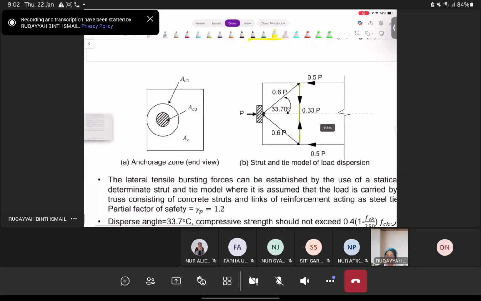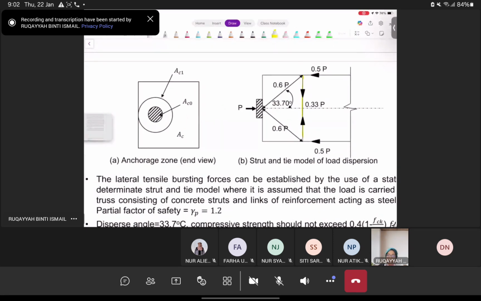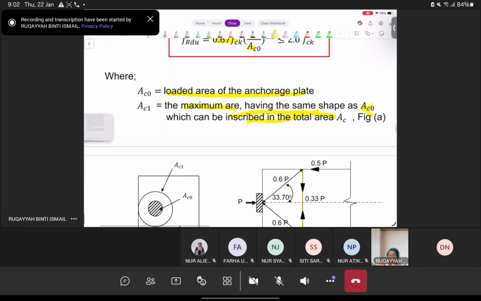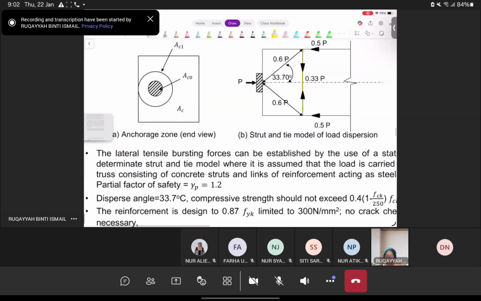So it's actually represented like this. All right. So you have Ac0, which, if you look into the definition, is the loaded area of the anchorage. So that is that particular plate. In this case, the anchorage is a circle, right? It's a circular plate.